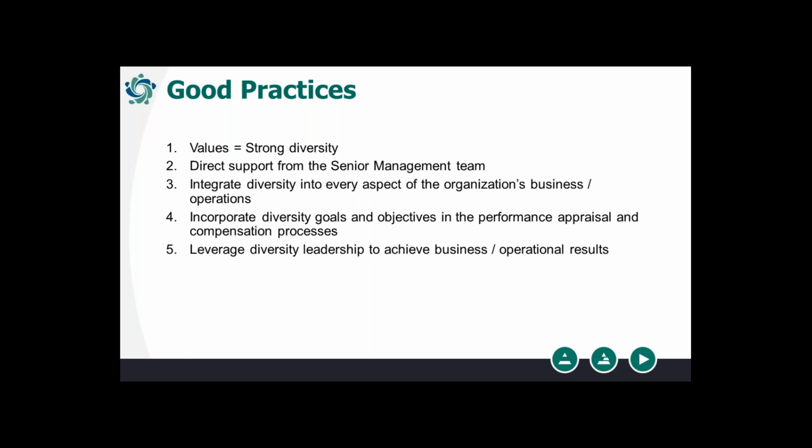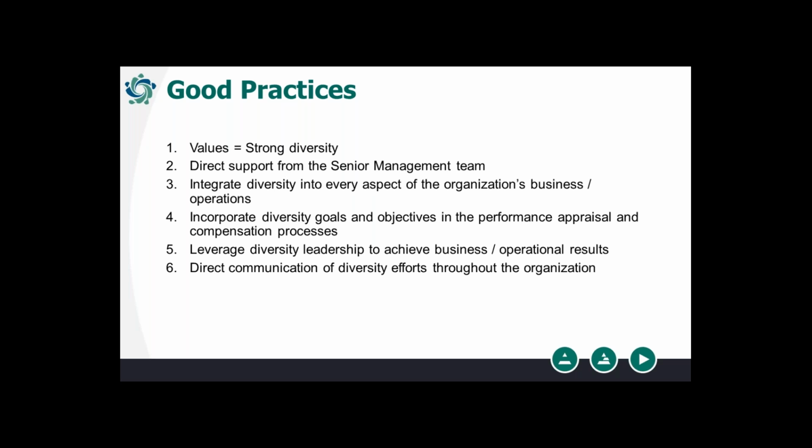The next one, in terms of diversity leadership to achieve results. An example of this is you have someone that's really strong in that area, and they lead a project with the diversity lens. You see people stepping up to building that lens into the work that's done day to day.